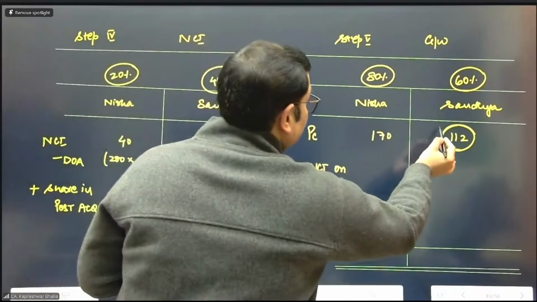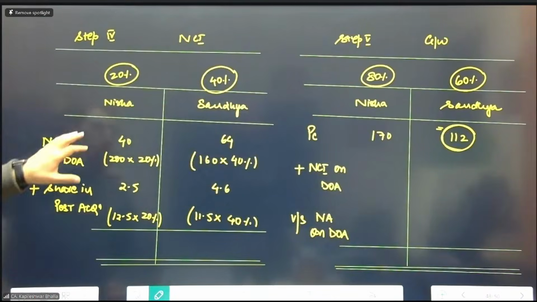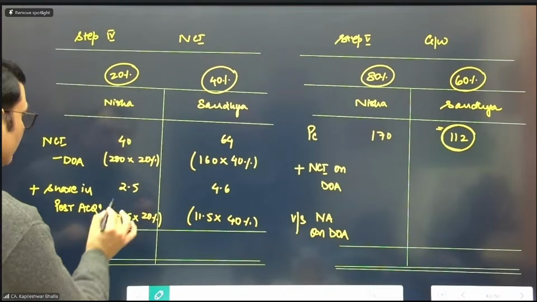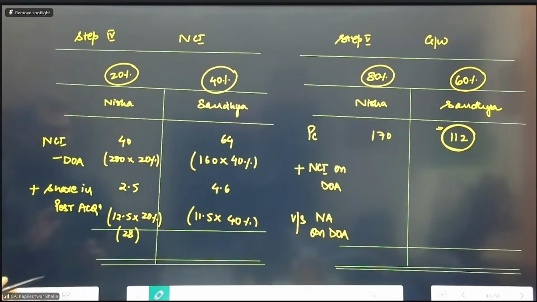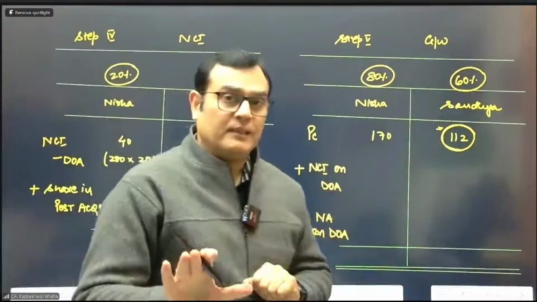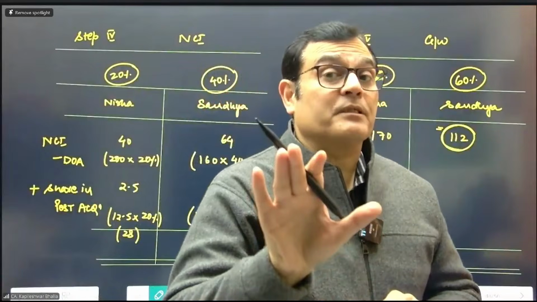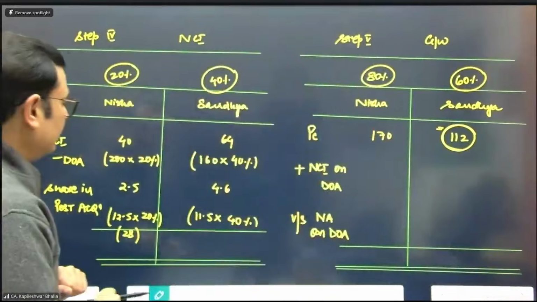So this is 80%. The remaining 20%, if you remember, I said is funded by Nisha's NCI. So what I'm going to do, I will reduce that 28 from here. Why? Don't get worried. I'll explain that very shortly. But 20% funded by the NCI gets reduced here. I'll explain the logic in detail.